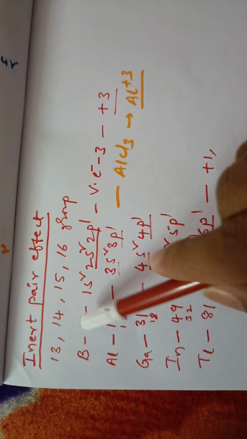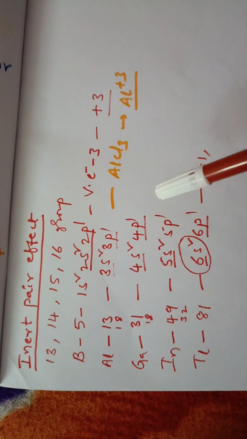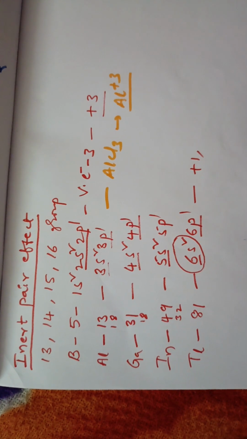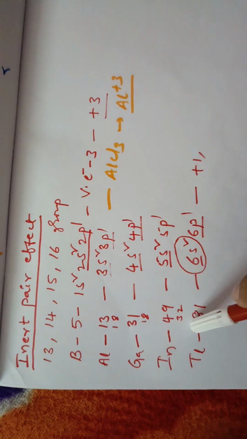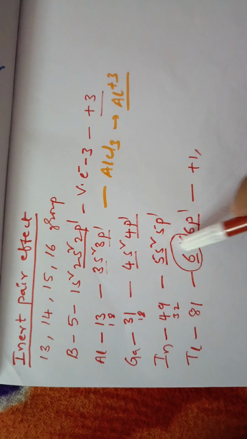Like that, in this group, all the elements should exhibit the plus 3 oxidation state, because all these elements have 3 electrons in their valence shell.